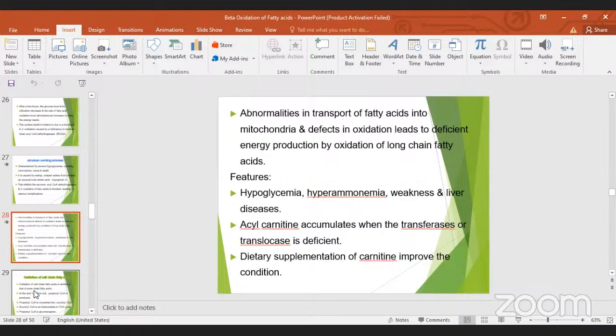Hypoglycemia, hyperammonemia, weakness, liver disease. Acyl carnitine accumulates when the transferase or translocase is deficient. Dietary supplementation of carnitine improves the conditions.